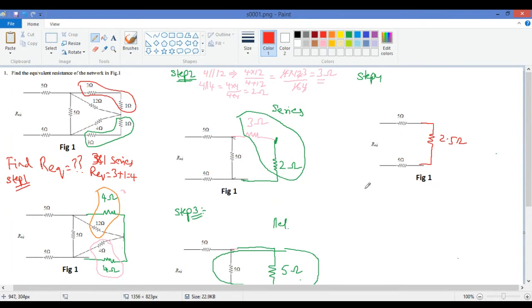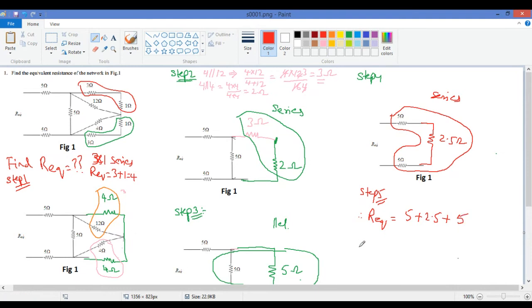Now you see in last step 5, we observed that all of them are in series, correct? So therefore R equivalent is 5 plus 2.5 plus, how much is it? 5.